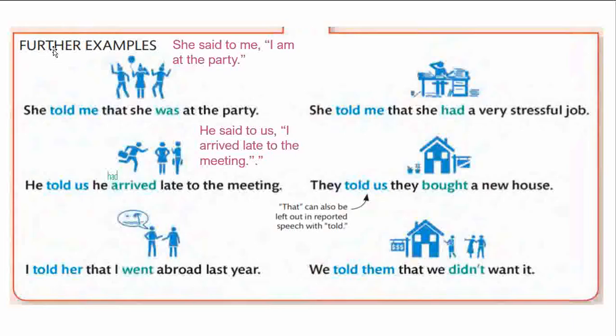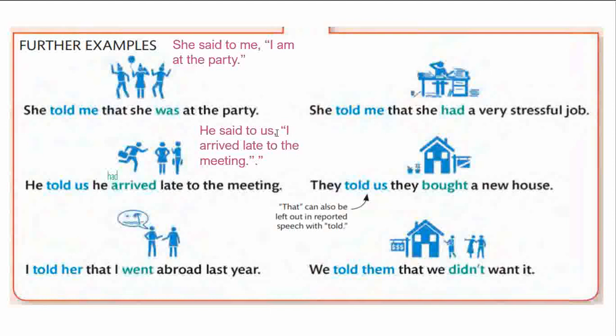The construction that we have just seen is exercised over here. She said to me, I am at the party. She told me. You can see that said to changed to told me that she was at the party. I am becomes she was. Now we have a little correction over here.